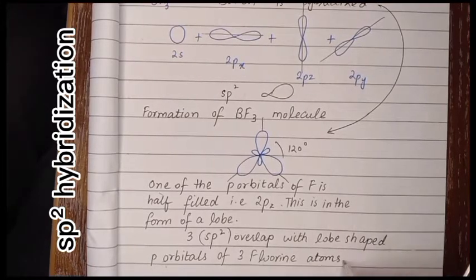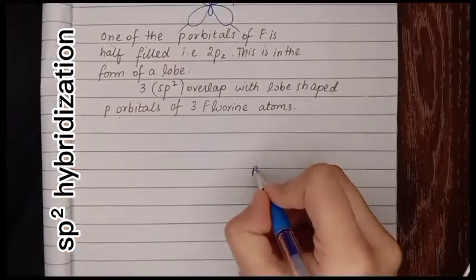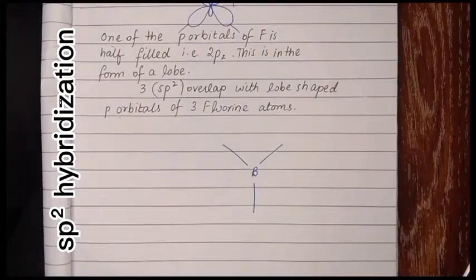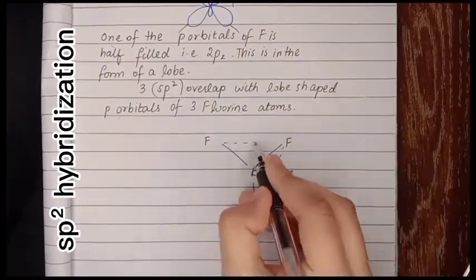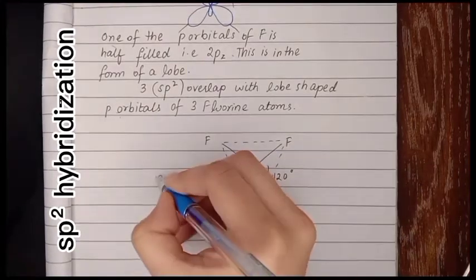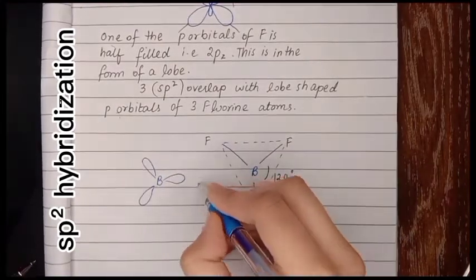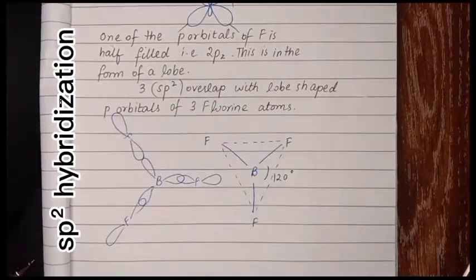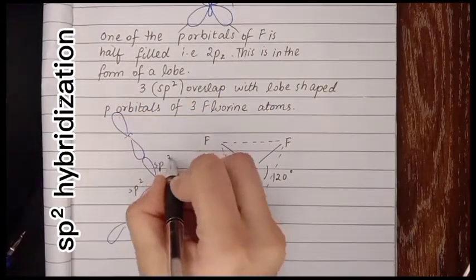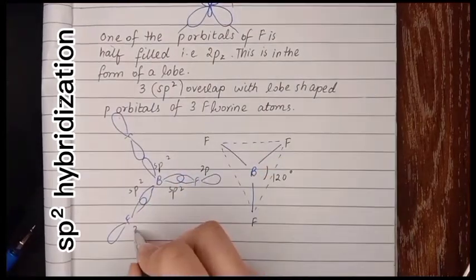So basically, hybridization occurs in the boron atom and then it overlaps with the orbitals of other atoms to form chemical bonding, like in the case of BF3. Here I'm going to draw the structure. Now you'll get a good explanation about that. The bond angle is 120.